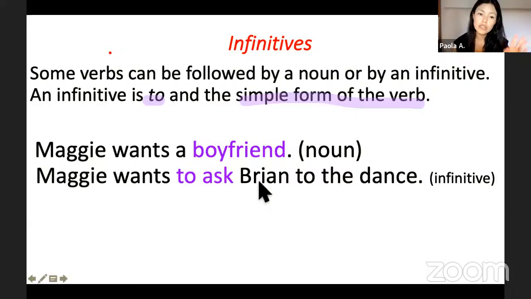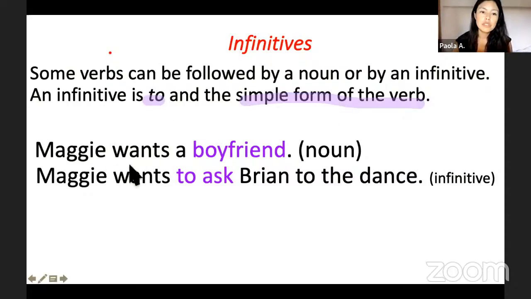So in these situations, when we want to be more specific about something, we're going to use either a gerund or an infinitive. In this example, we are seeing an infinitive, right? An infinitive is formed by to plus the base form of the verb.